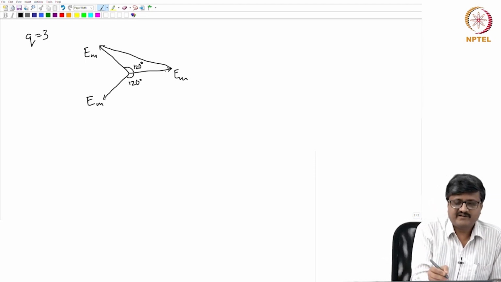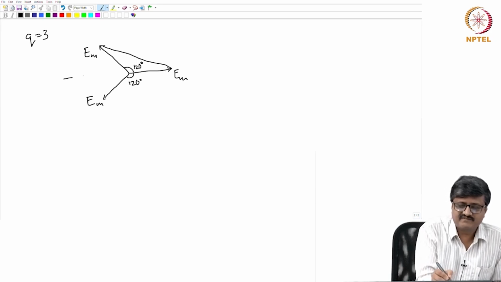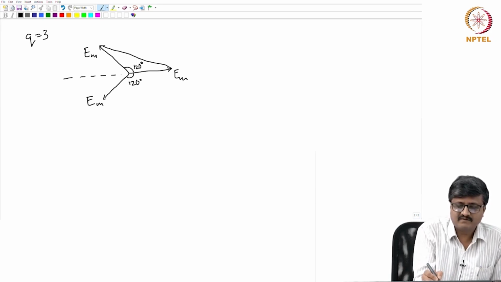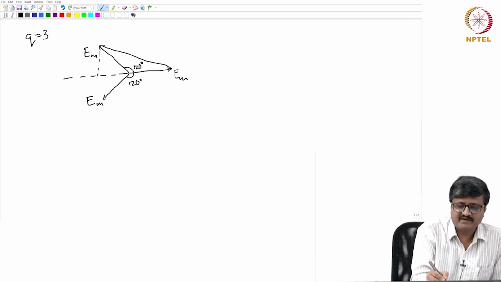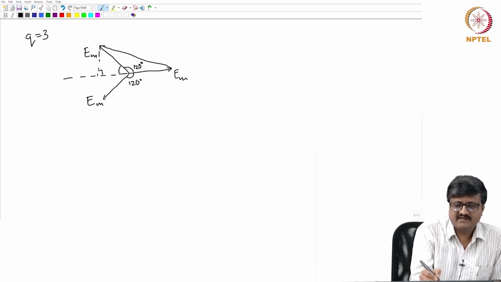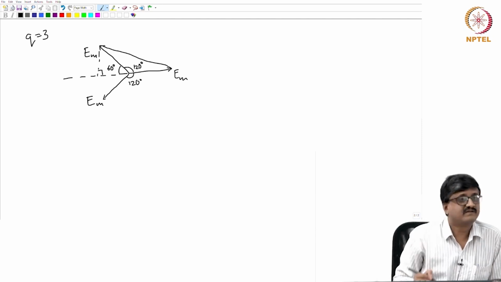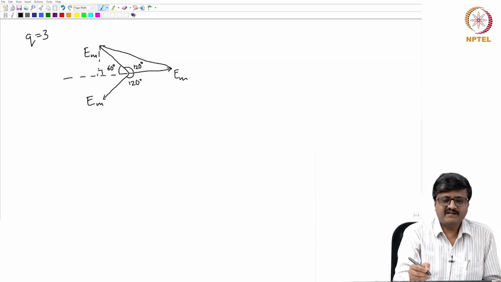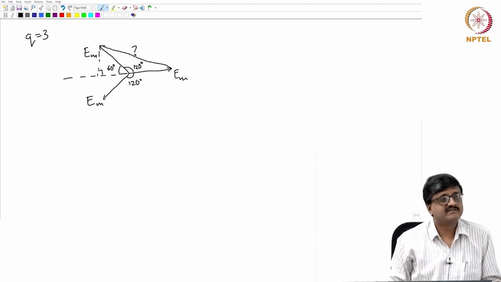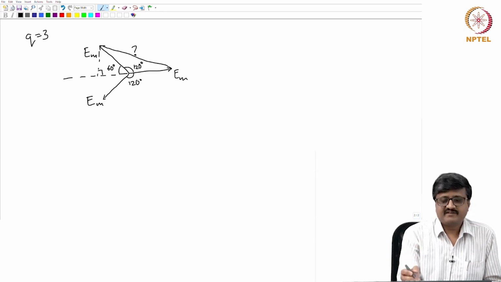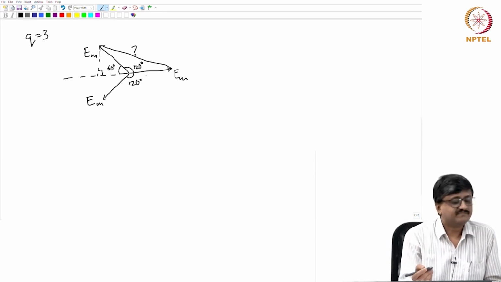So, I can try to find this. Suppose I extend this line and drop a perpendicular here. So, this angle is 60 degrees. The peak value in question is this one. I want to find the length of this line segment in terms of Em.